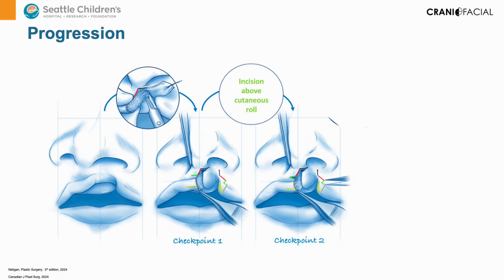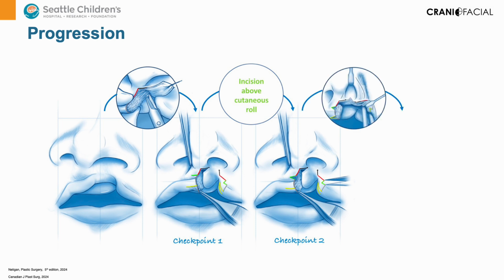You'll then open up a small defect above the cutaneous roll. That's the extra tissue that's needed in order to balance things. So you can measure the size of that defect. You can also measure what's being marked on the lateral side of the lip and verify that what you're about to incise is going to be what you need to meet the medial lip incisions as well as to augment the medial lip incisions.